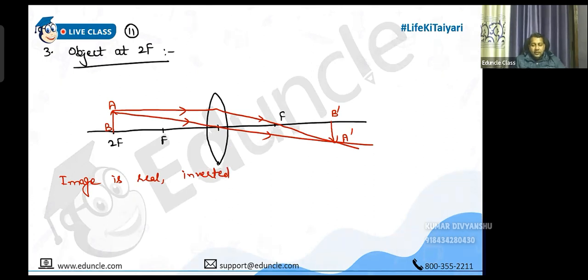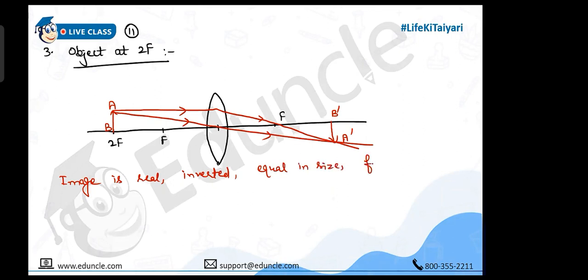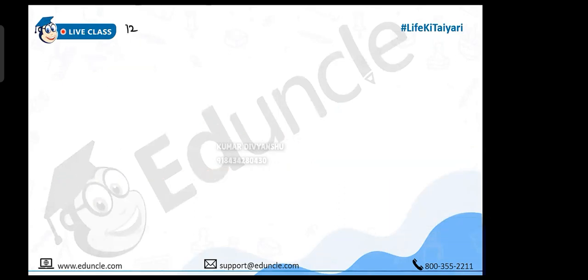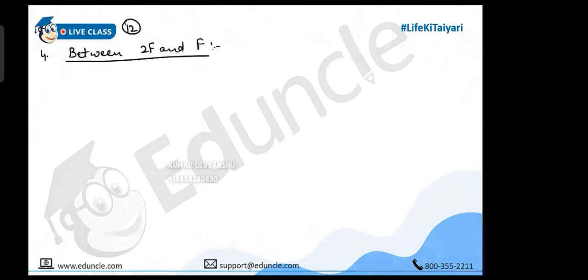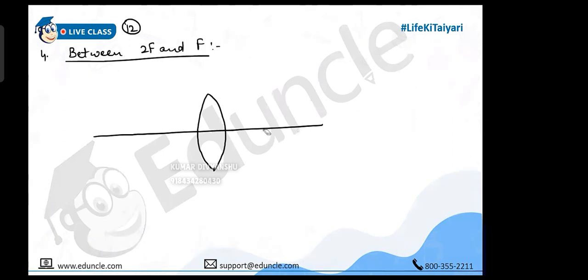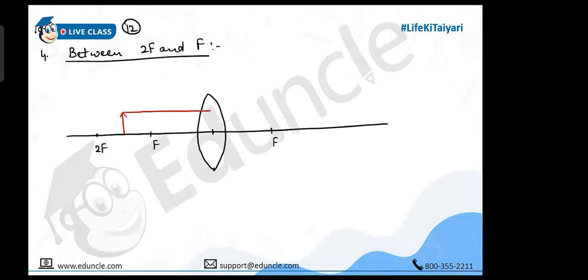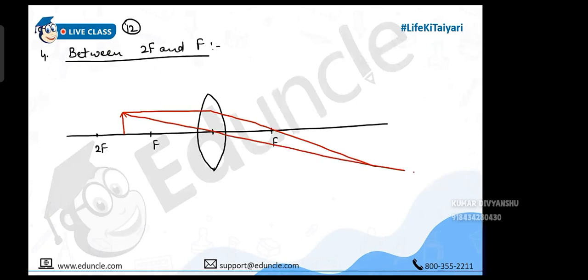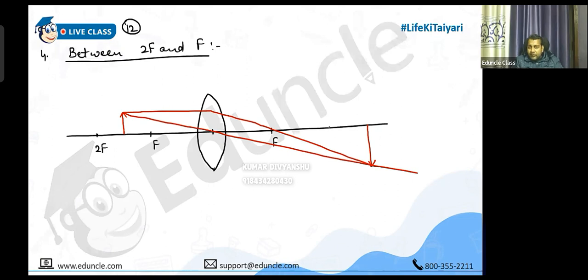But as the object is coming near to the lens, the image is going away from the lens. Now it is bigger in size. And it will be beyond 2f, you can see.